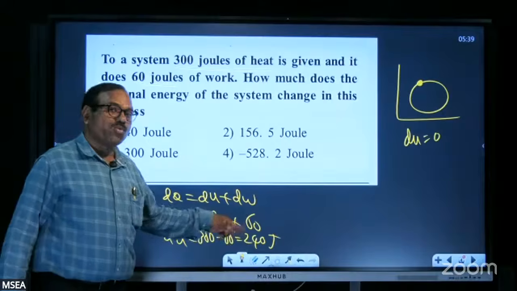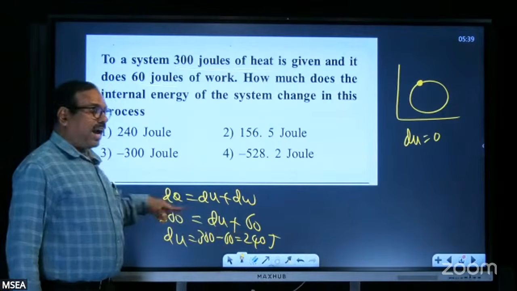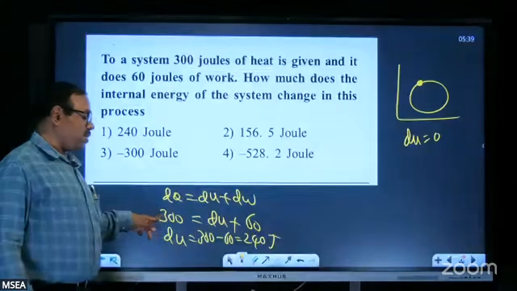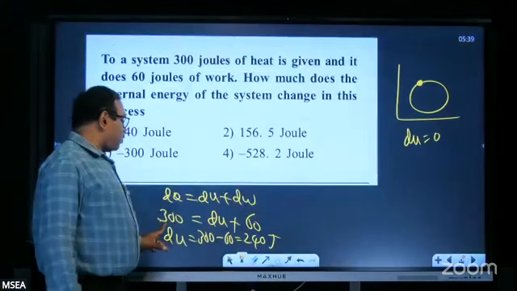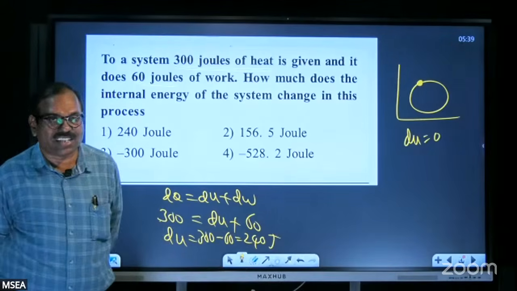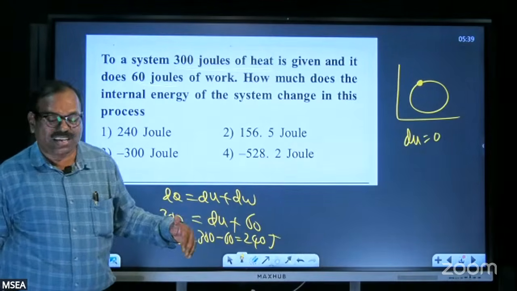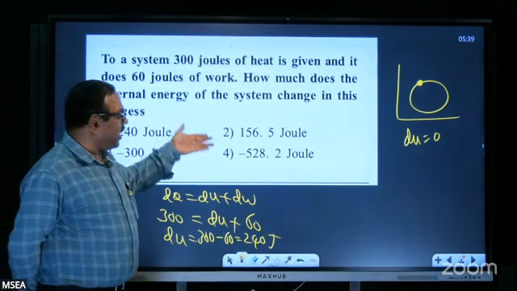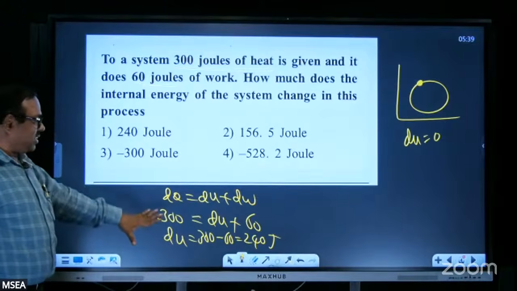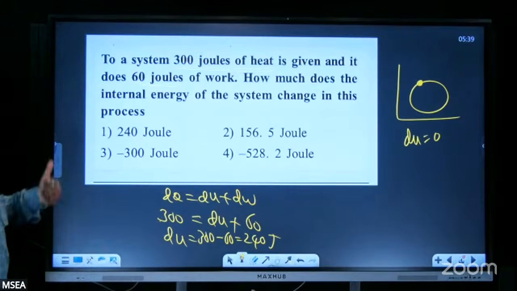The system is doing work, that's why it is plus 60, and heat is given to the system, so it is plus 300. So 300 minus 60 gives 240 joules, because all are given in joules, so your answer should also be in joules. Okay, these things you have to remember. Once you see this one, we go to the next question.